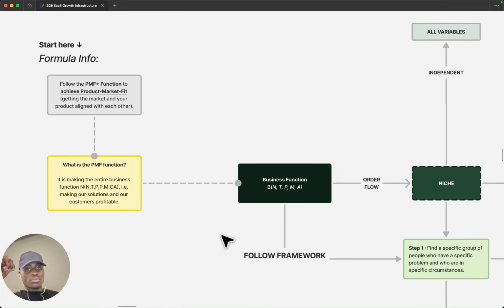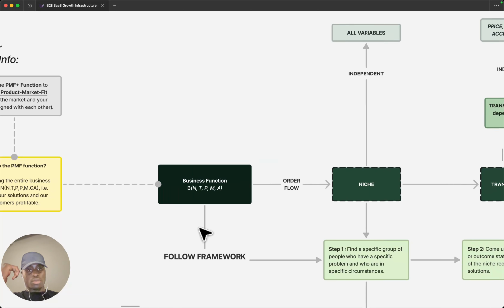So here's the function. The business function is basically simple. You have a niche, the sector. You have the transformation: what does your product do to the client? What transformation does it get? For example, from a lost project to a won project. Then the price: how much would the customer pay for that solution or that product?